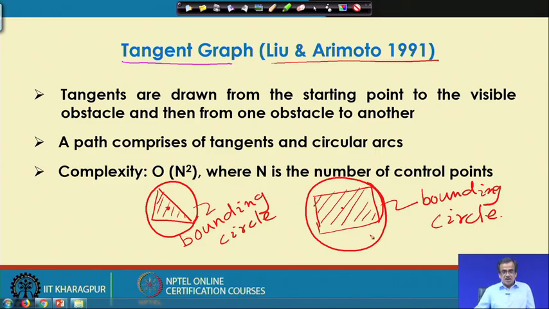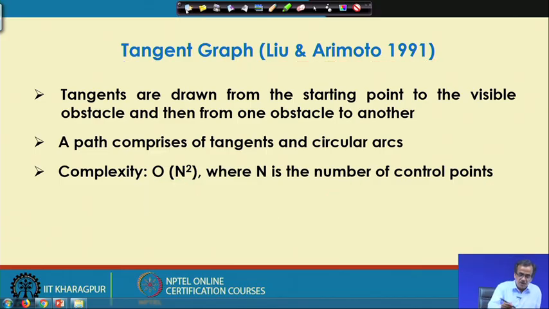Now, let us try to find out the feasible path for a point robot considering the bounding circle. Once again let me repeat: for each of these static obstacles, we try to find out the bounding circle, and considering the bounding circle, we try to determine what should be the collision free path for the point robot.